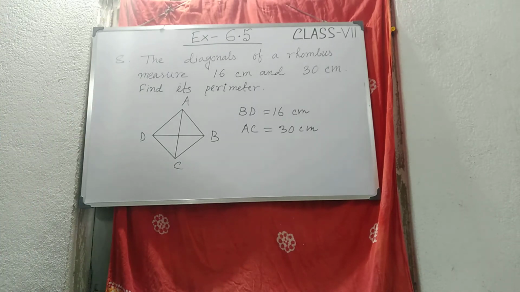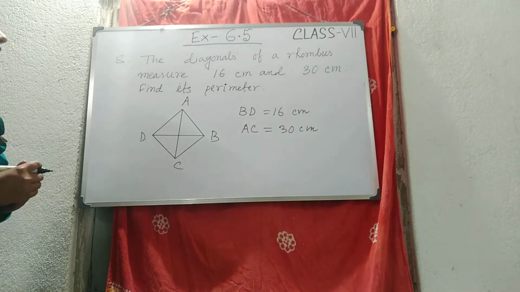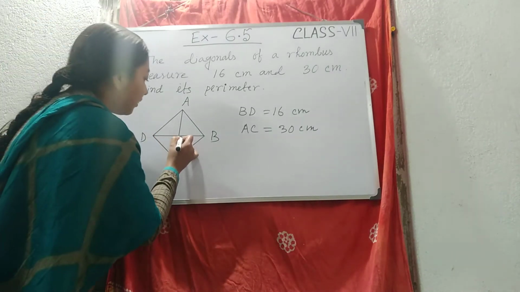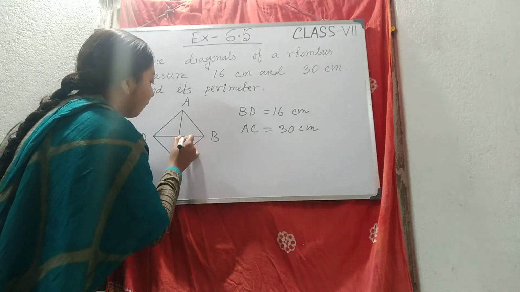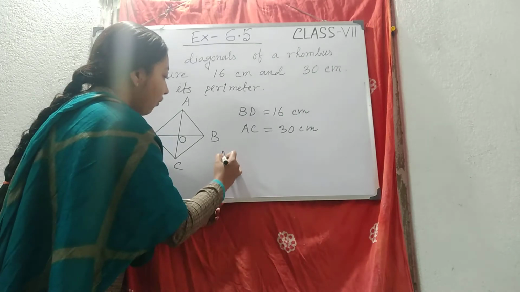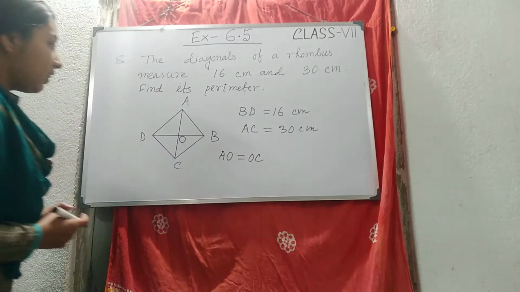So first of all, let me tell you something about the properties of diagonals of any rhombus. So diagonals of any rhombus always bisect each other. Means if we take this center or common point as O, so AO will be equal to OC.